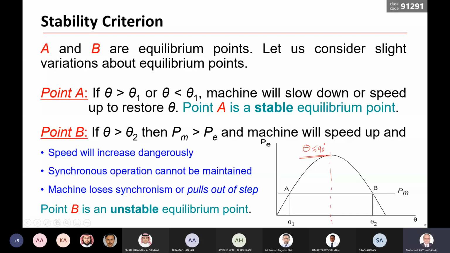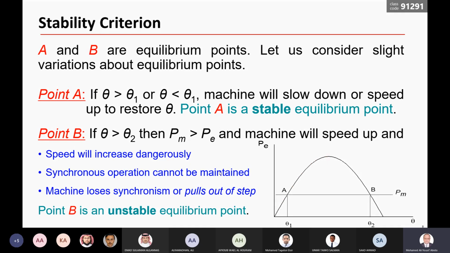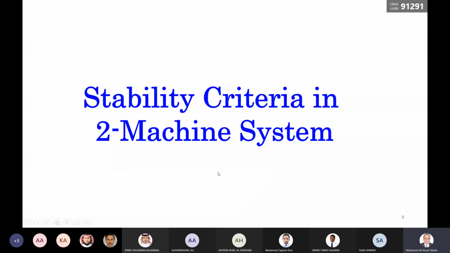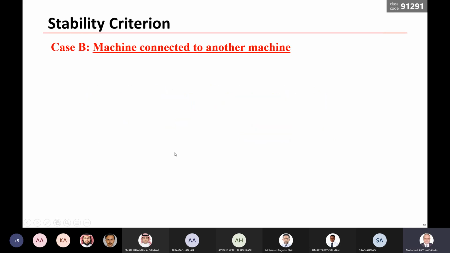So you can operate the single machine infinite bus system at any point of this curve up to 90 degrees. So this is the stability criterion. So let us assume that if we have two machines, a synchronous generator and a synchronous motor.